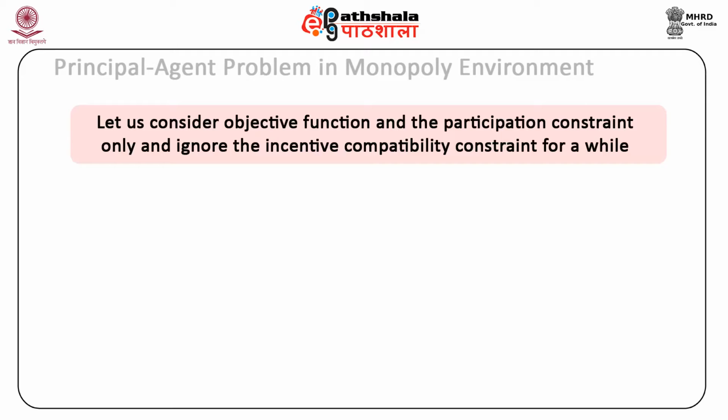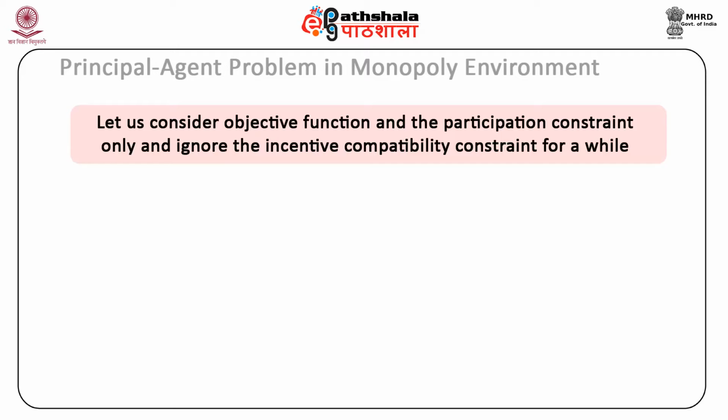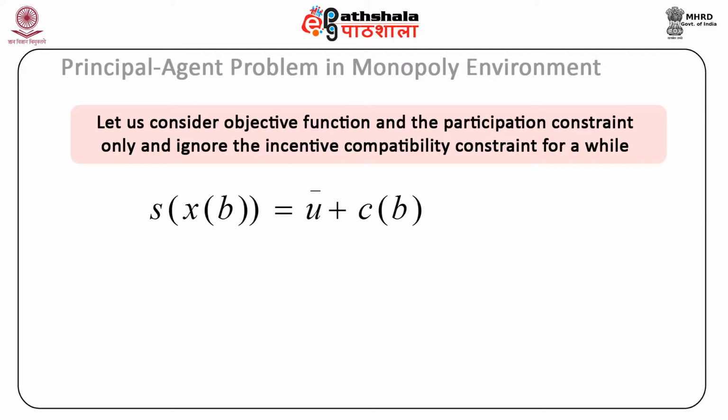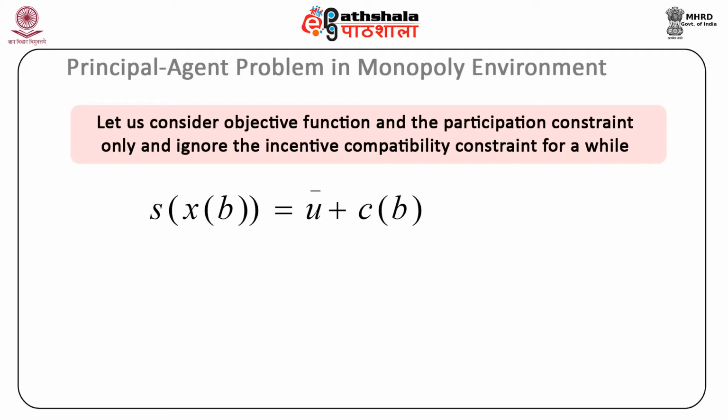Payment to the agent must at least equal the cost of the action plus the reservation utility of the agent. We can write this mathematically as S(x(b)) is equal to u bar plus c(b).